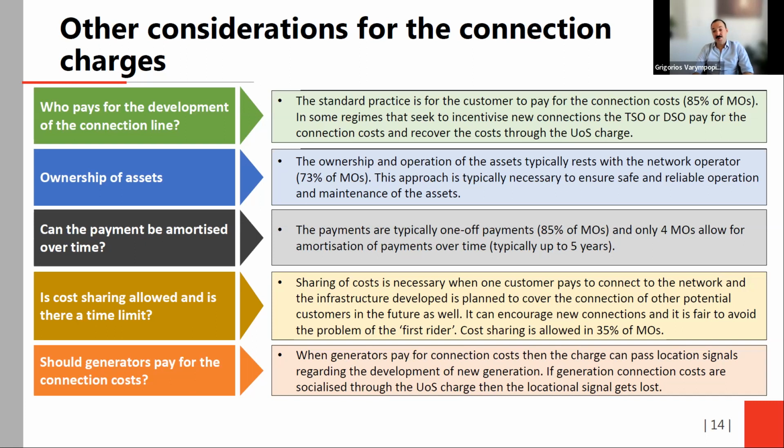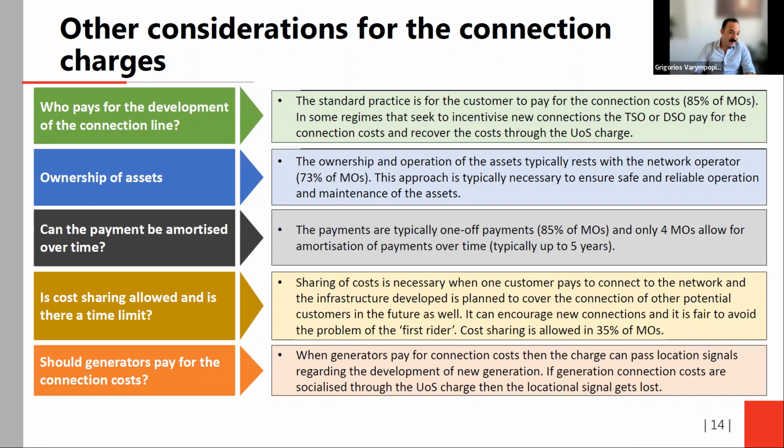It encourages new connection, and it is fair to avoid the problem of the first rider, so for the first customer to pay the total infrastructure cost. And we saw that cost sharing is allowed in 35% of MOs with a time limit of approximately 10 years.